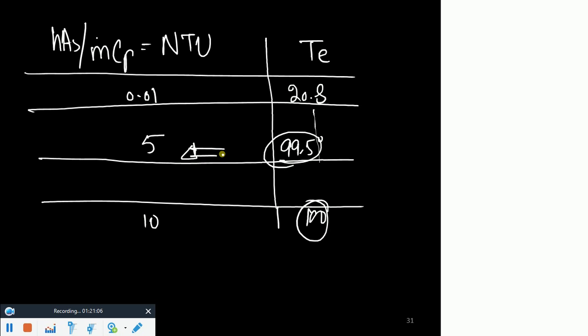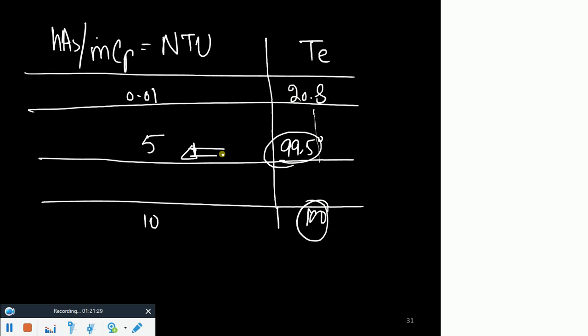Okay, so this table only describes this. I would just give you the table number. This figure is 8-15. It has given all the values. If your surface temperature is 100 degrees centigrade, this T exit would approach 99.5 degrees centigrade, and it means the temperature difference is very small.